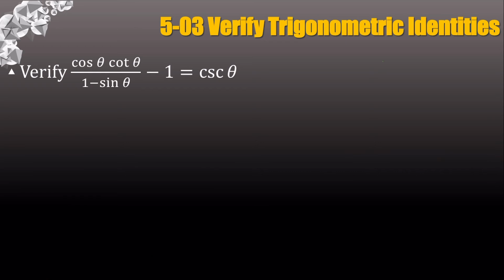I think what I'll do is turn everything into sines and cosines. So cotangent is cosine over sine. So I'll have cosine theta times cosine theta over sine theta. On the top, that would be cosine squared theta over sine.